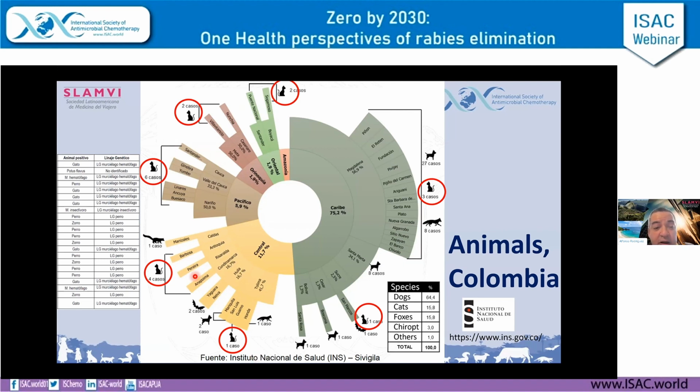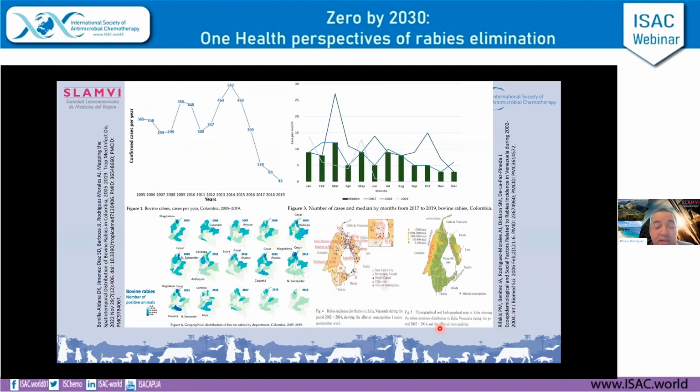This has been occurring here in Colombia, after the importance, obviously, of dogs, but cats are involved in 15% of the cases, as well as other animals, as has been discussed.